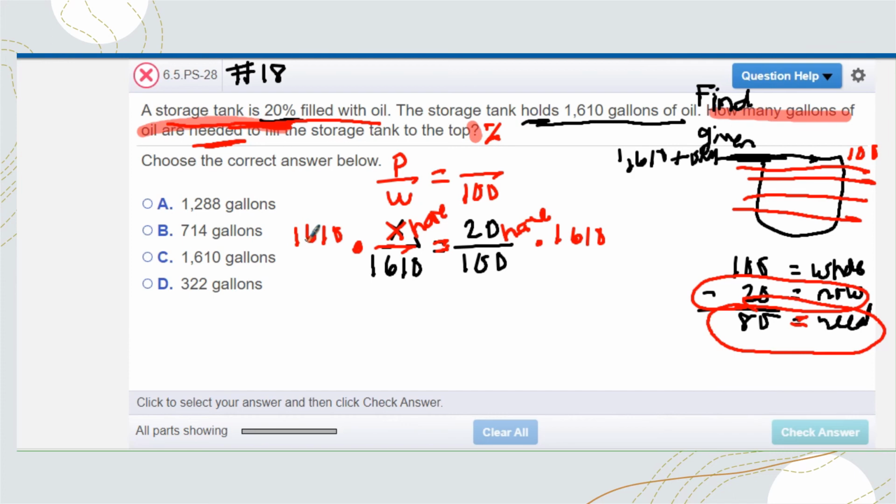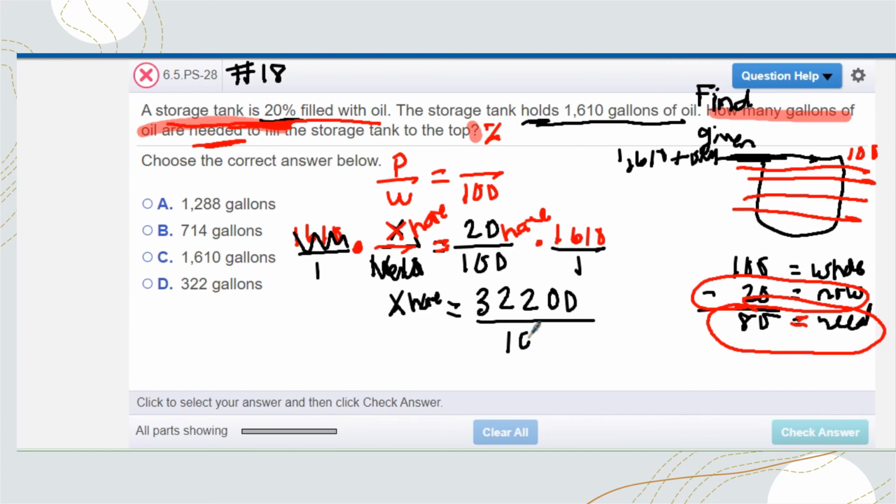So now that I have 1,610 in the numerator and in the denominator, that's going to cancel out. And I'm going to be left with x, and x is what we have because it was equivalent to the 20% have. So I'm going to go ahead and multiply across. So I have 20 times 1,610, which is going to give me 32,200 for my numerator, and for my denominator 100 times 1, which is 100.